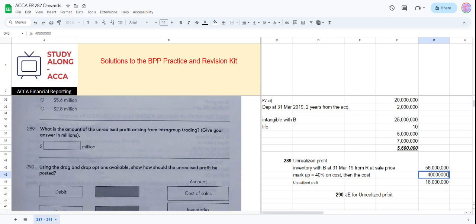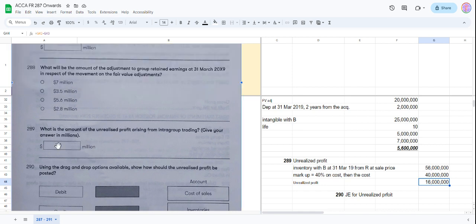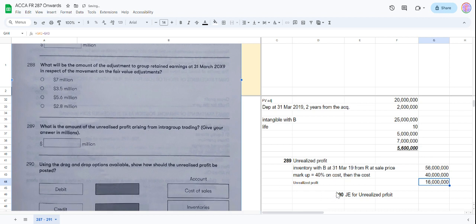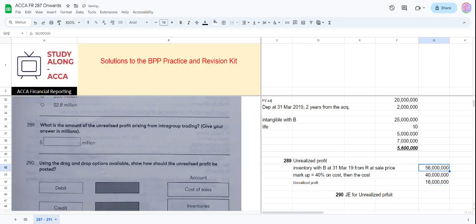So the cost is 40 million, and then the unrealized profit will be 16 million. Because we are reporting everything in millions, we will just type 16 here for 289. So 16 million will be our answer.